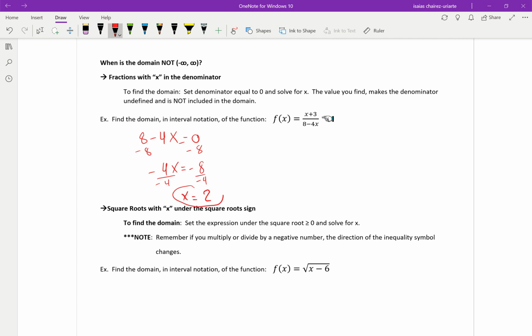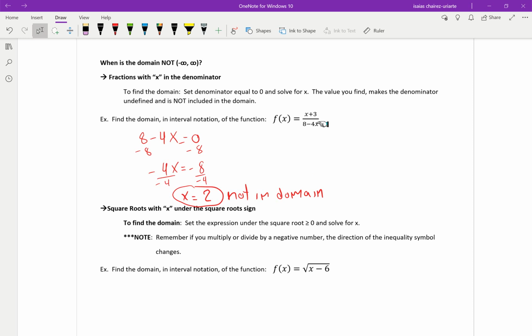So this value is not in the domain. Because if my x happens to be equal to 2 and I plug it into this function, it's going to make my denominator 0, and that's going to give you a y value that's undefined, which makes no sense. So we want to avoid the value 2.